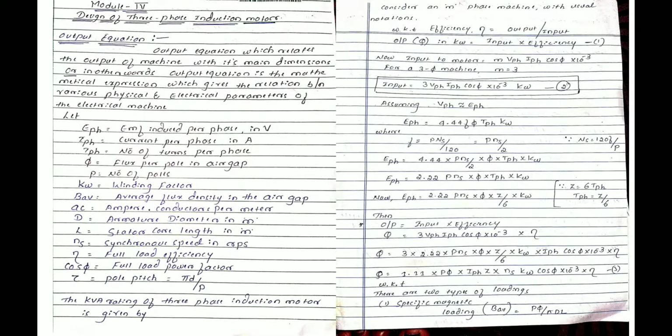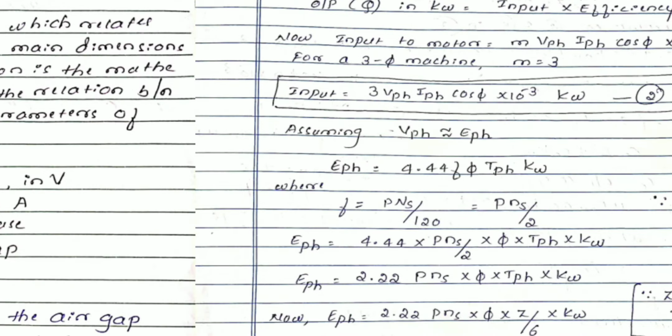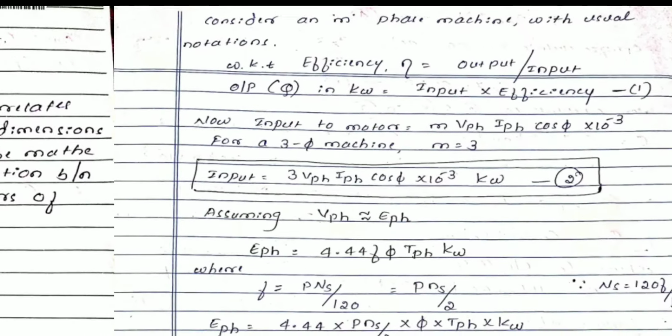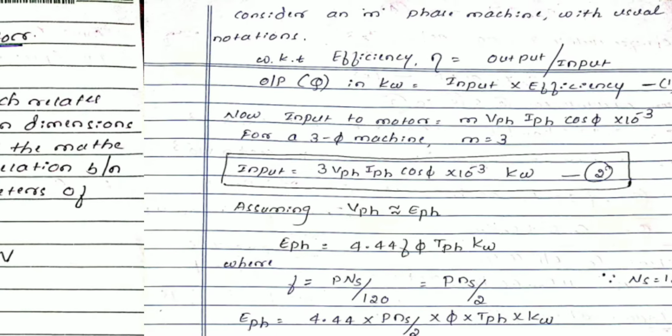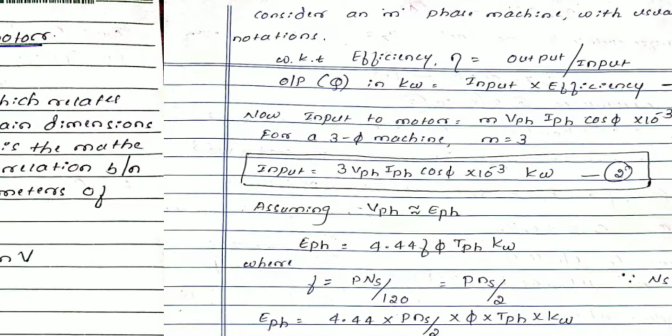Next, let us consider an M phase machine. We don't know how many phases there are, so let us consider the M phase machine with the usual notations. Efficiency is given by output divided by input, as all of you are familiar with. It gives the total efficiency of the machine.